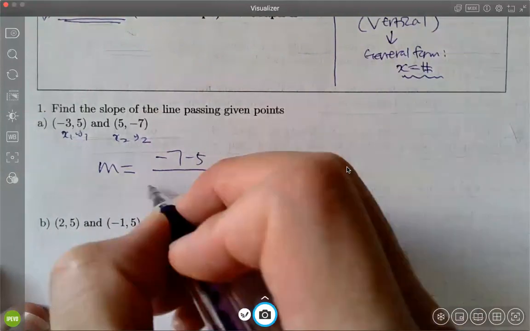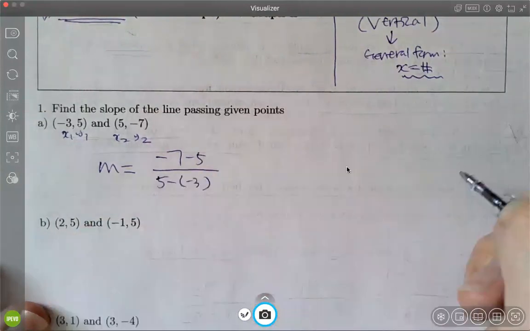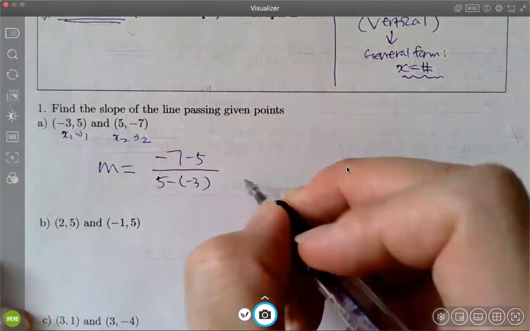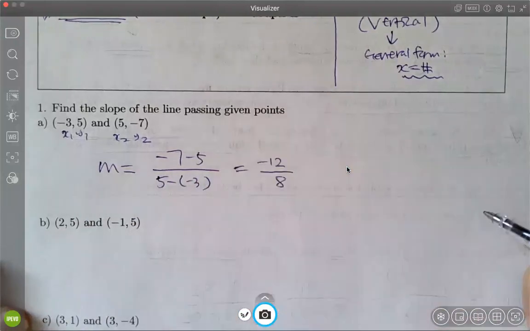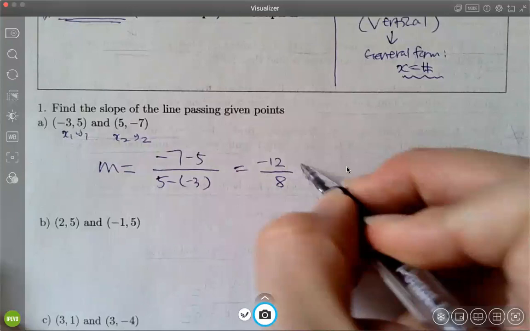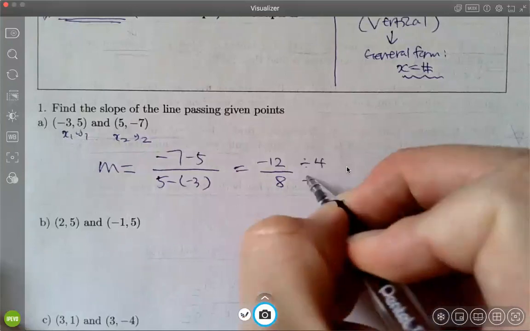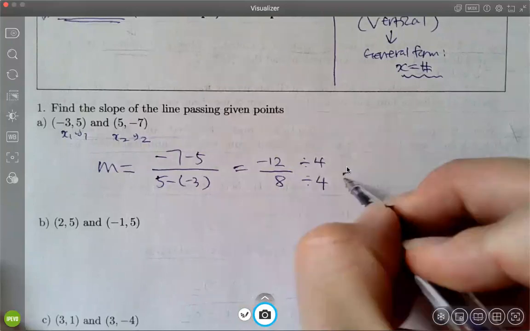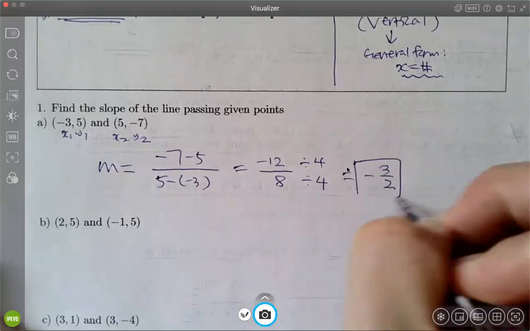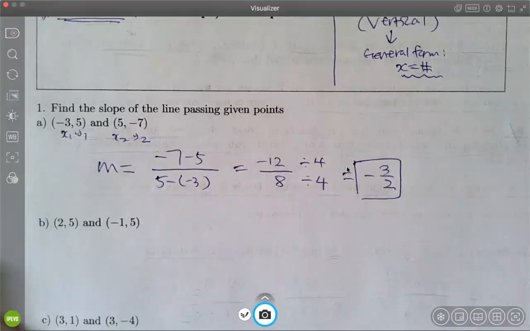Yeah, not 5 minus 3, right? Okay, so it's -12 over 8, yes. And now, is that the answer? No, and why not? Because we can reduce it, right? Okay, so what's the answer? -3/2, right? Okay, so don't forget to reduce the fraction at the end.